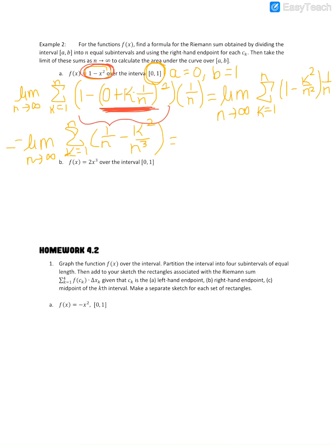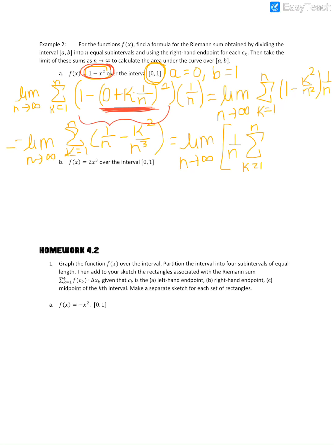It's where I'm ending. So n is a constant. I'm going to pull that out. So we have limit as n goes to infinity. On the first one, I pull out the 1 over n, because remember what I said, that's a constant. Even though it looks like a variable, we don't know what it is. It is a constant because k is my variable when I'm doing Riemann sums.